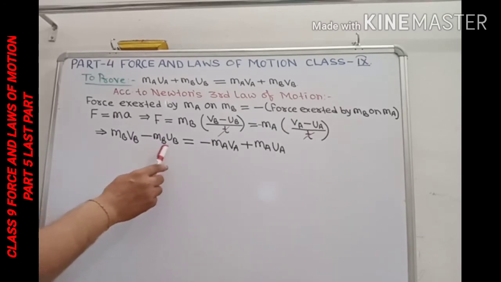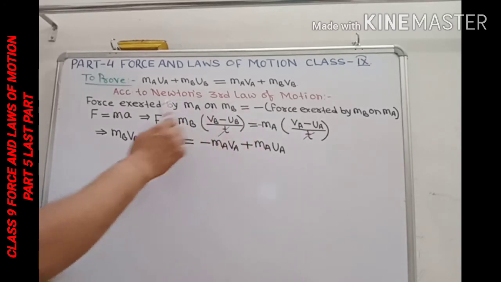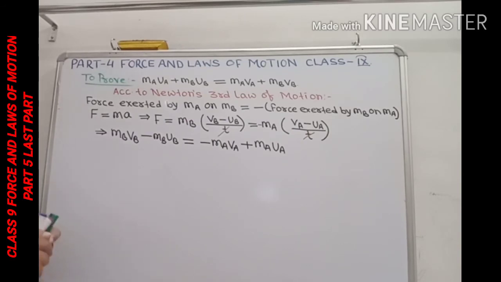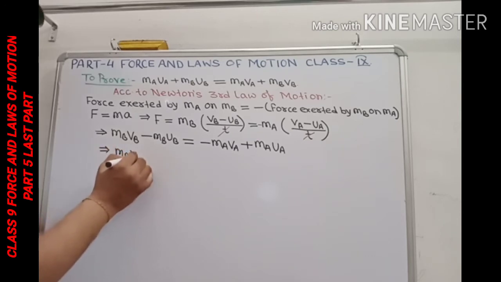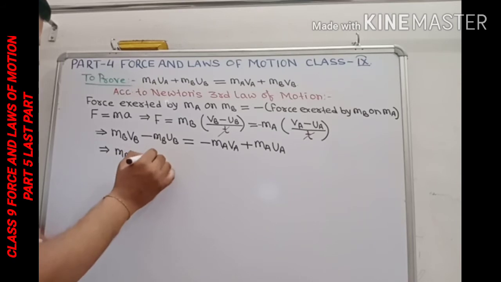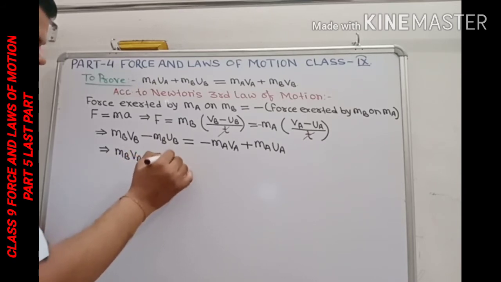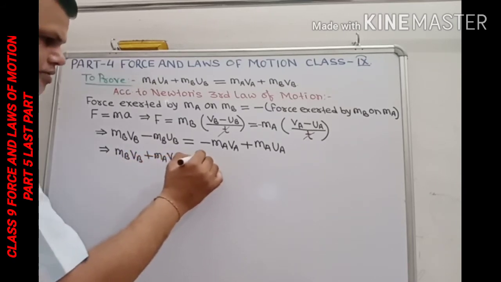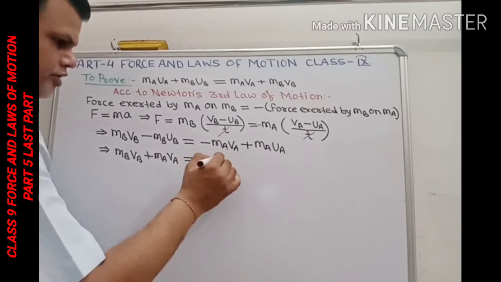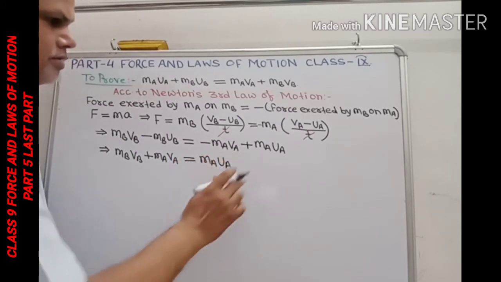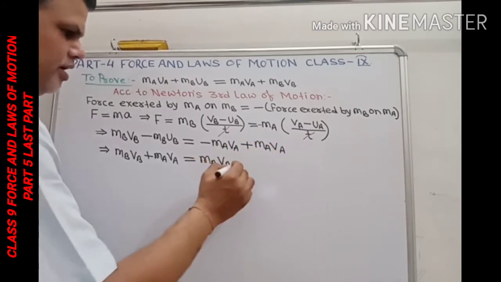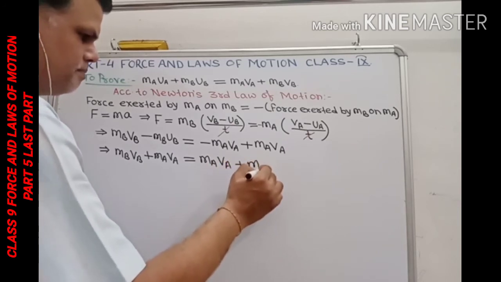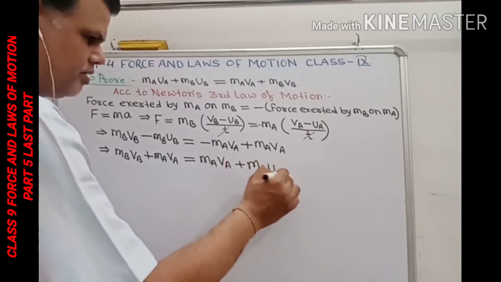We can exchange terms: this will go there and this negative will come here. After exchanging their positions, MB VB plus MA VA is equal to MA UA plus MB UB.